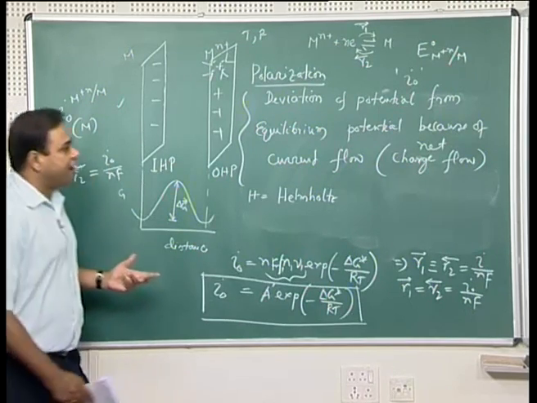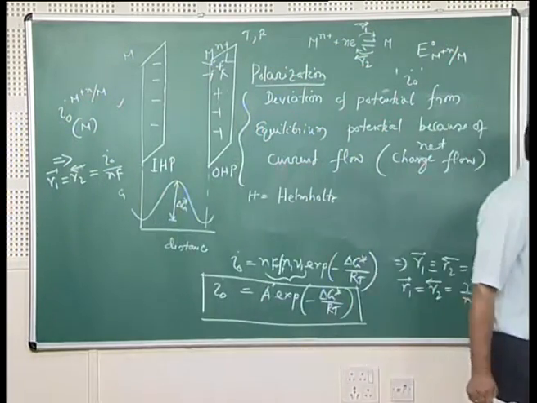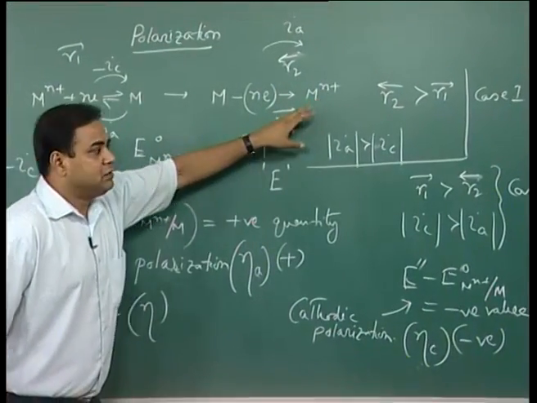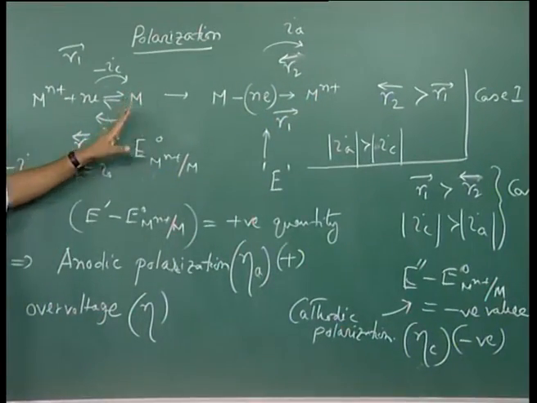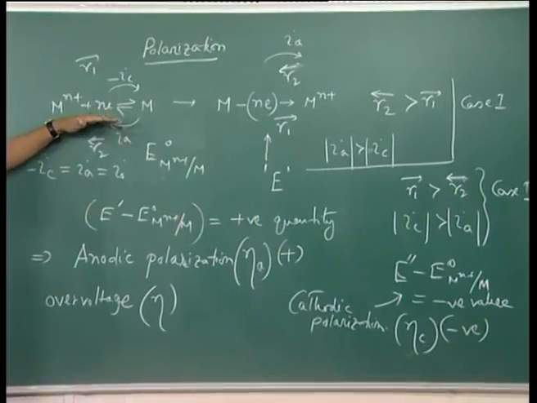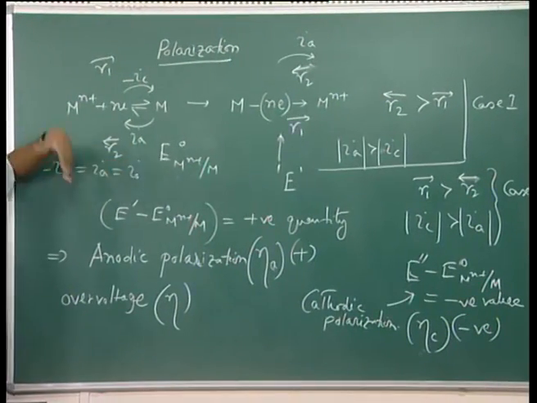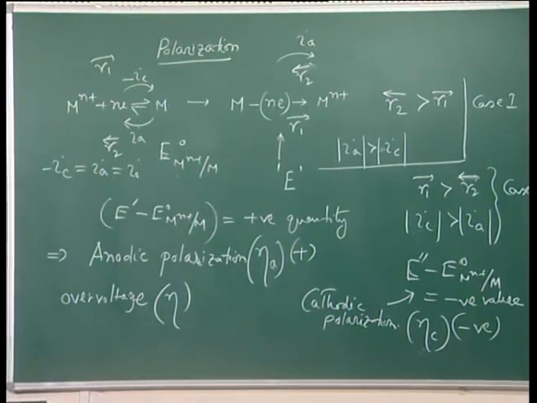When you have preferential metal ion formation, you are breaking this equilibrium and increasing IA compared to IC. So, IA greater than IC, or the other way around if you consider the reduction process, IC would be greater than IA, and in that case polarization will occur.